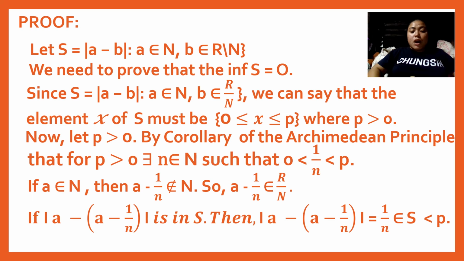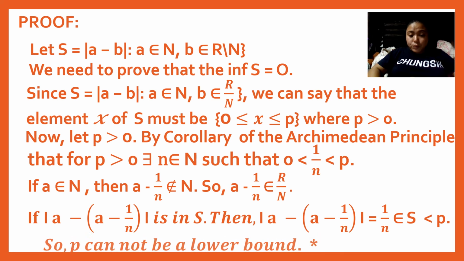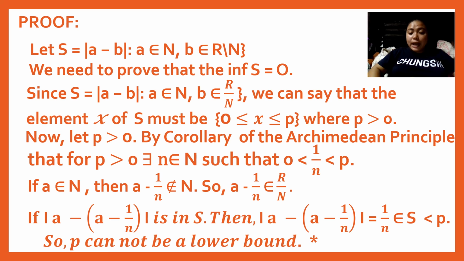The absolute difference of a and a minus 1 over n is in S. By getting the absolute difference, we have 1 over n, which is in S, and it is also less than p. So, p cannot be a lower bound.